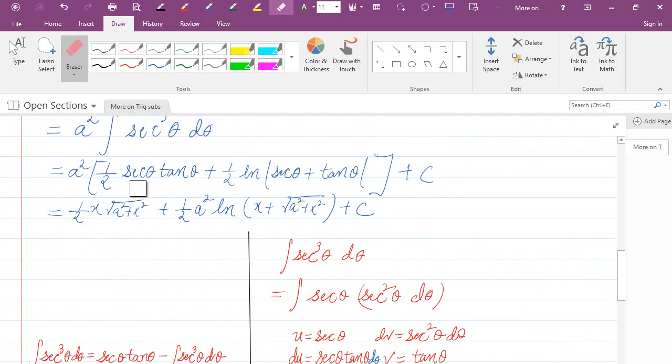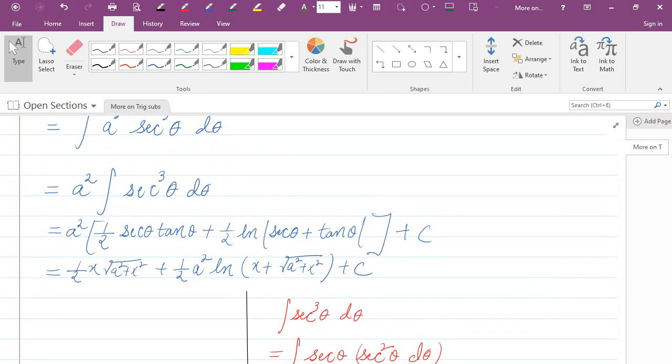So notice that secant of theta would be the root of a squared plus x squared divided by a. Okay, so I'm looking at the half secant of theta tangent of theta, right?